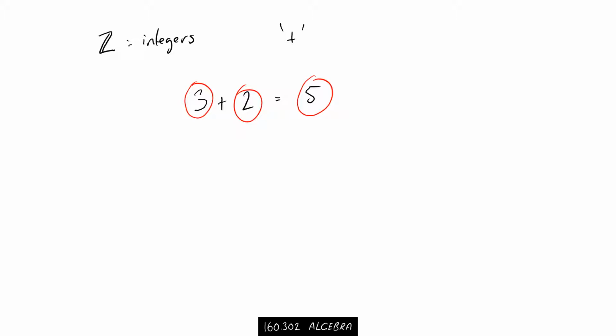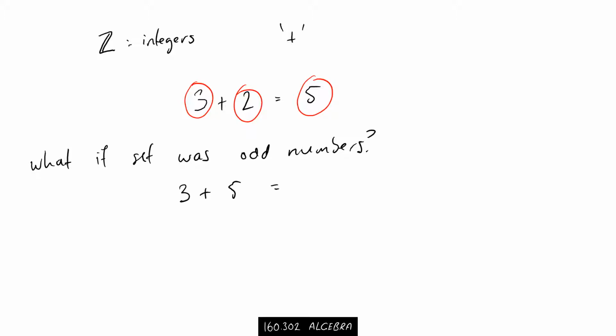Now, do we always get this kind of property? Well, what if our set of numbers was, say, odd numbers? If I take two odd numbers and add them together, then I get an even number, so I don't get something in my set.